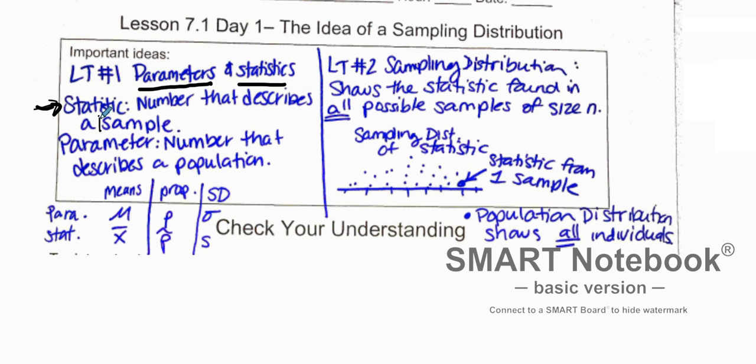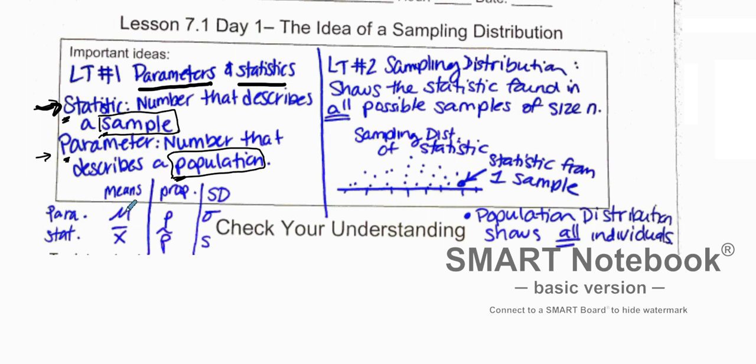So we are taking samples of a population. One way I remember that is a stat and a sample both start with S, so statistic and sample are conjoined that way. A parameter is about the population. So P: parameter, population, a number to describe a population.